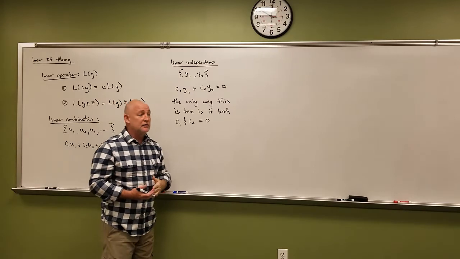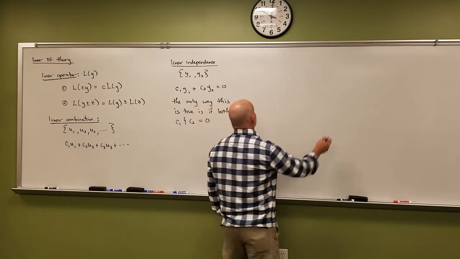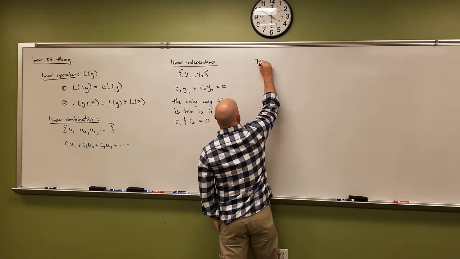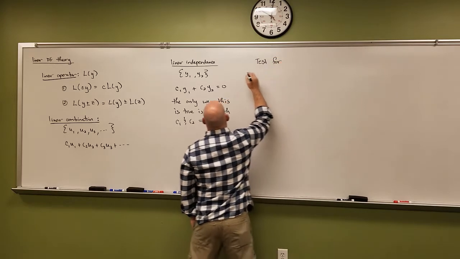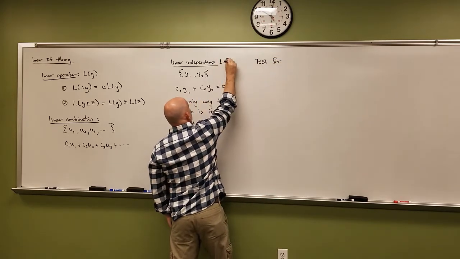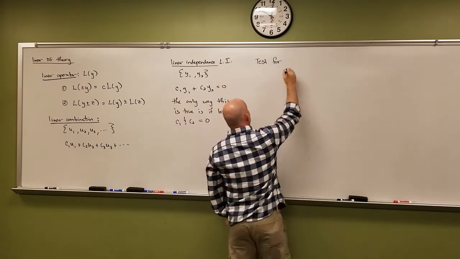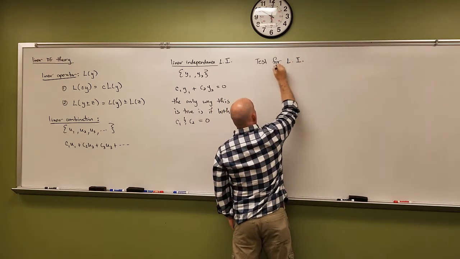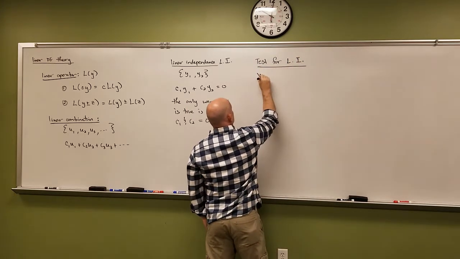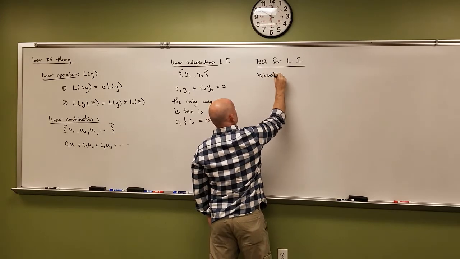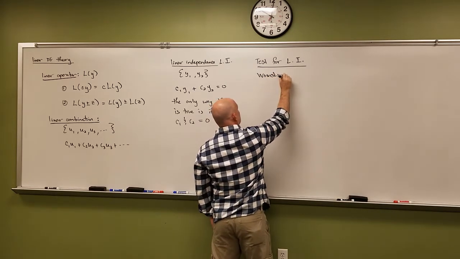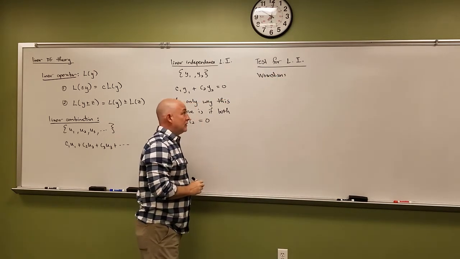However, to test this, we're going to use something called the Wronskian. By the way, just for shorthand notation, LI. If we're going to test for linear independence, we're going to do what's called the Wronskian. Here's what the Wronskian notation is.